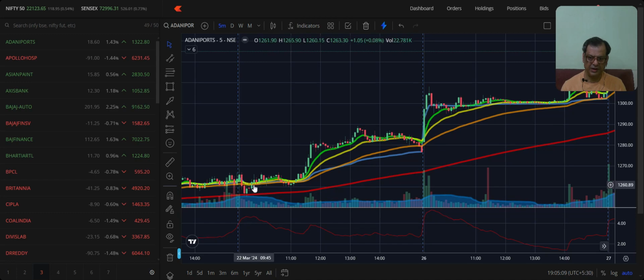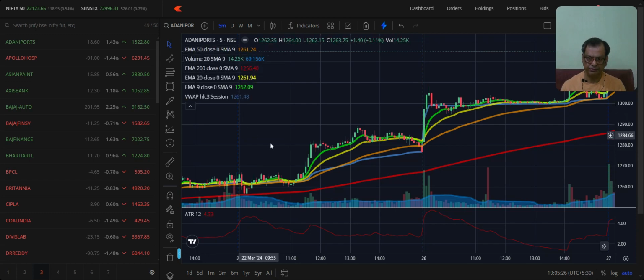But the EMA 9, the 20 and the 50 are all jumbled up, the averages are flat, the candles are very small, and volume is quite sparse here. So I don't think we can take a trade in this situation.